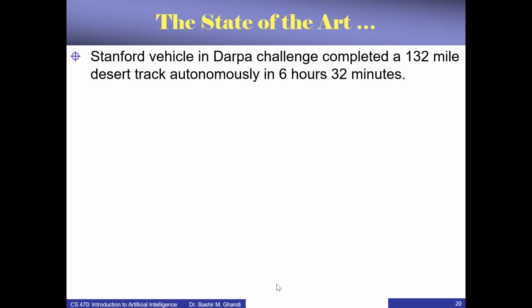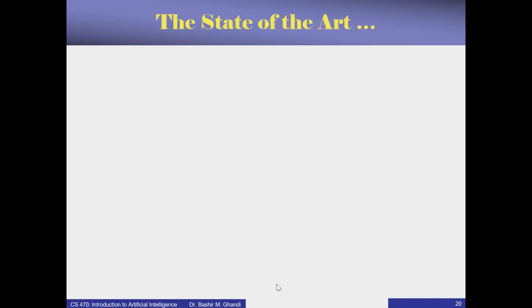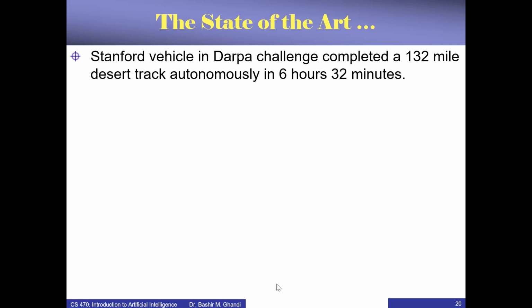Now, if you consider the No Hands Across America challenge as a big development, this is even better. The Stanford vehicle participated in the DARPA challenge. The DARPA challenge was also about cars driving themselves autonomously, but this time not on highways, but in the desert with multiple obstacles, no clear road.